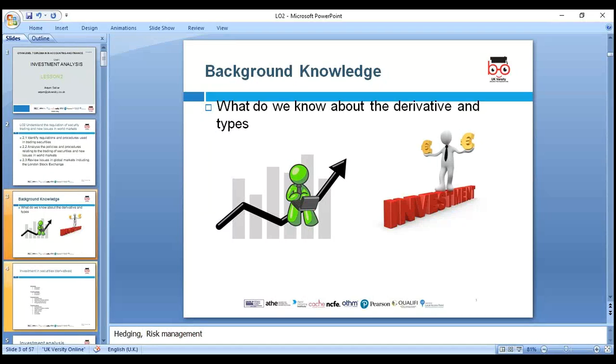Risk management. What is meant by risk? Risk is where you're trying to protect against some risk that may or may not happen, and there are different levels of risk as well.